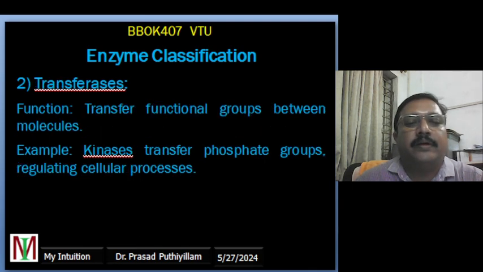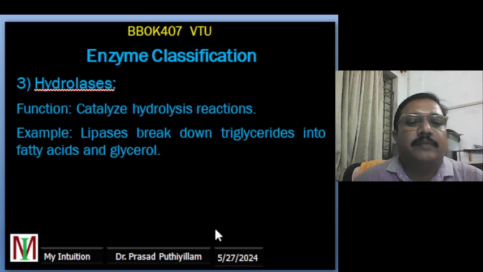Second classification is transferase, based on the function. They transfer the functional groups between molecules. For example, the kinase, which transfers a phosphate group from ATP, adenosine triphosphate, to proteins, regulating cellular processes like signal transduction. Then comes hydrolase.